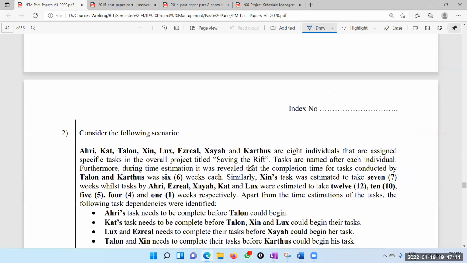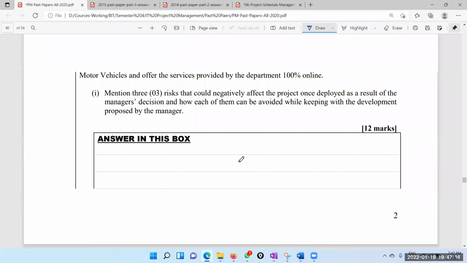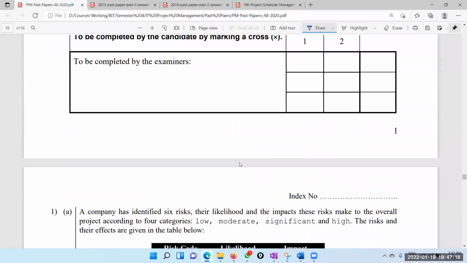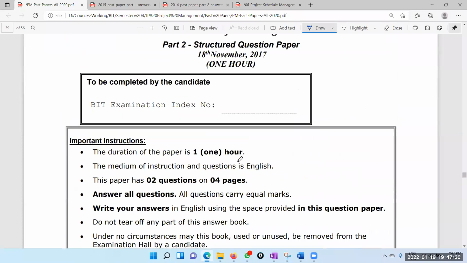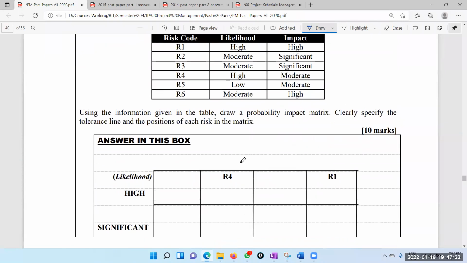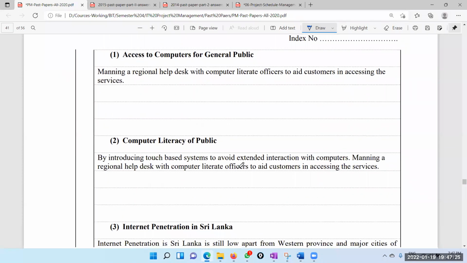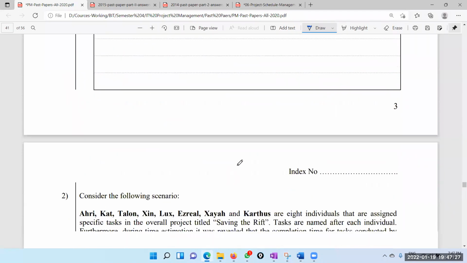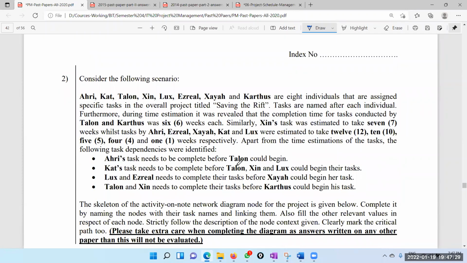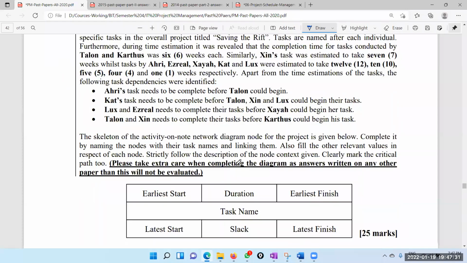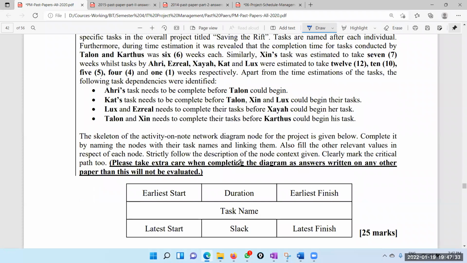So this is the 2017 paper, same syllabus. It's a fairly complicated question. So you have to do it.